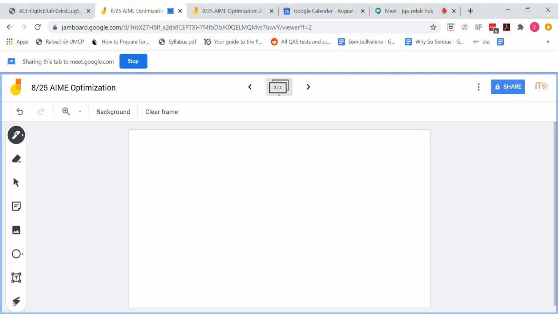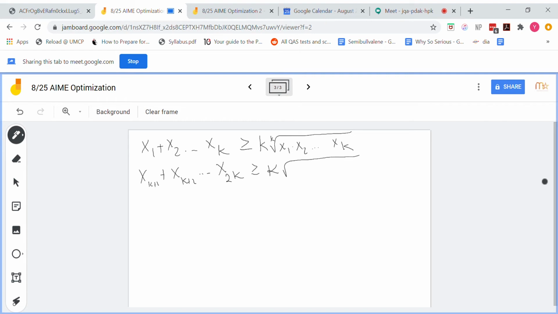Because we have x1 plus x2 all the way to x sub k is at least k times the kth root of x1, x2, all the way to x sub k, and x sub k plus 1 plus x sub k plus 2 all the way to x sub 2k is at least k times the kth root of the product of these.